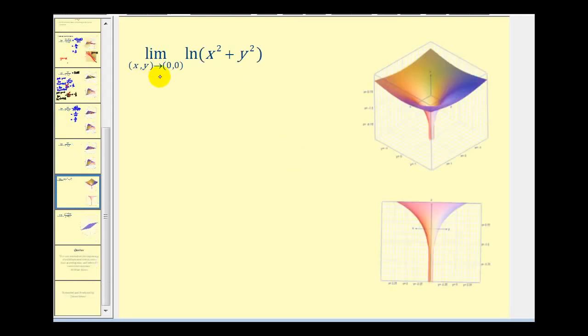Here we have the limit as (x, y) approaches (0, 0) of the natural log of x squared plus y squared. Here's the graph of the surface. And you see here I've also rotated it so we could get a nice view of the z-axis. So if I wanted to determine where the point would be as x and y approach 0, I would be approaching the origin here from all different directions.